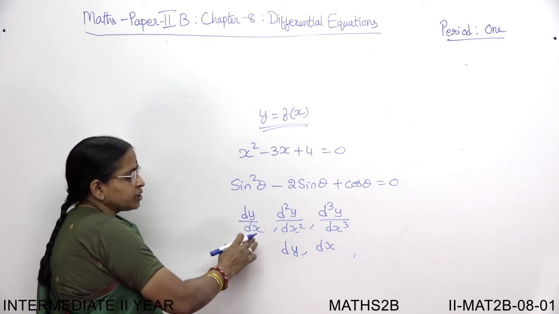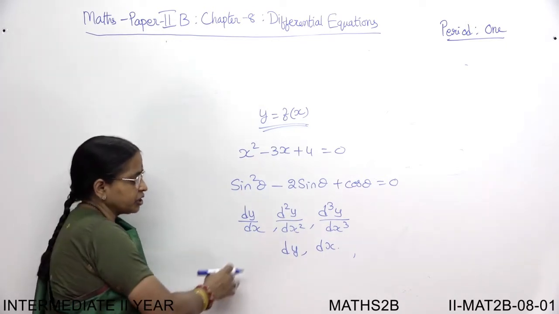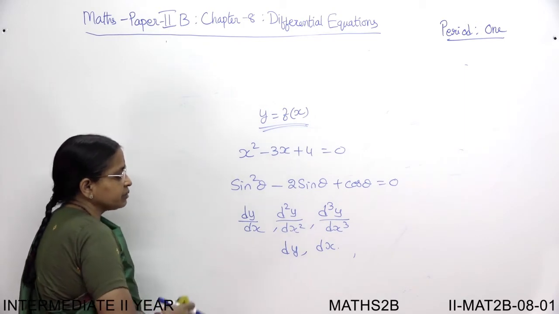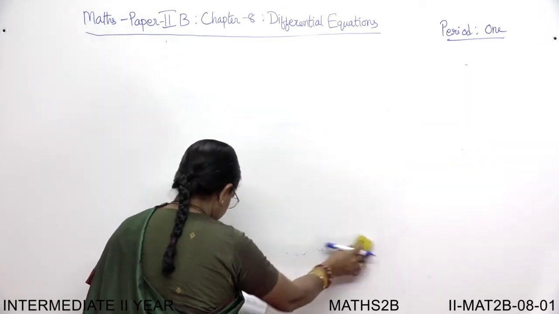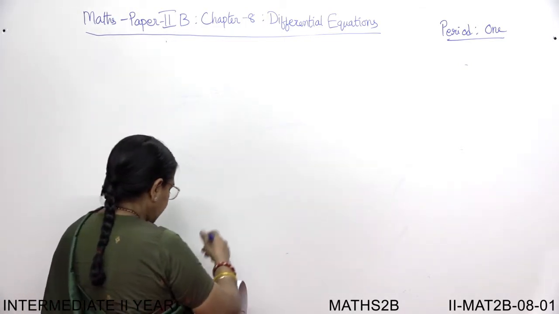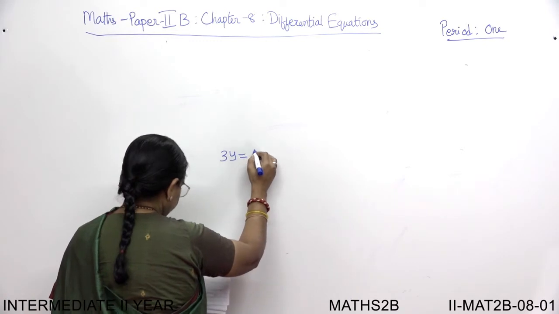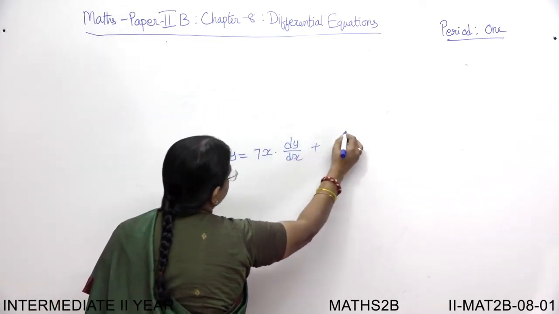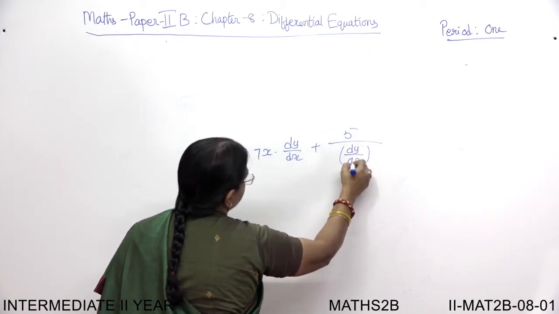So an equation which contains these derivatives or differentials of the dependent variable with respect to the independent variable is called a differential equation. I'll take one example. Suppose you have an equation like this: 3y is equal to 7x into dy by dx plus 5 by dy by dx. This is a differential equation.